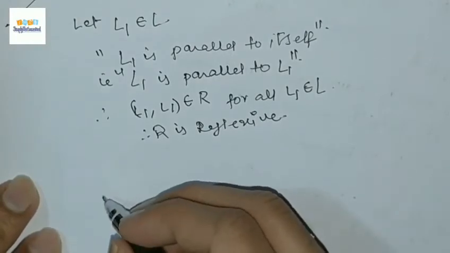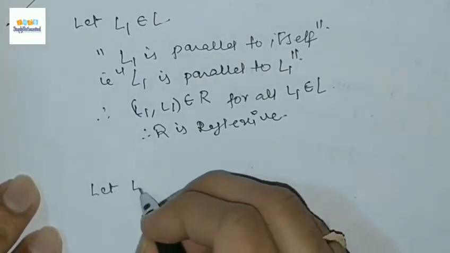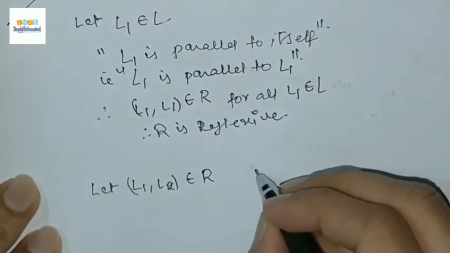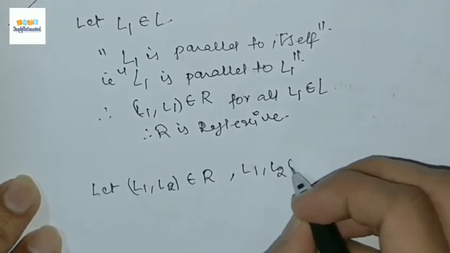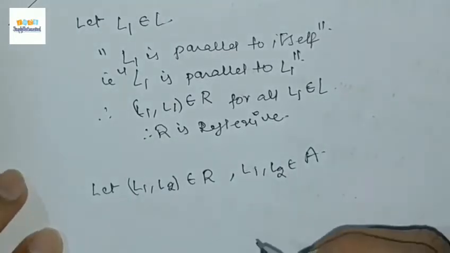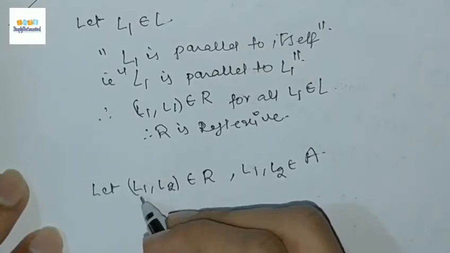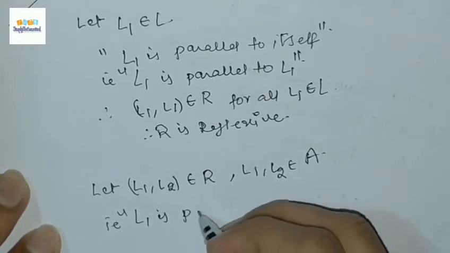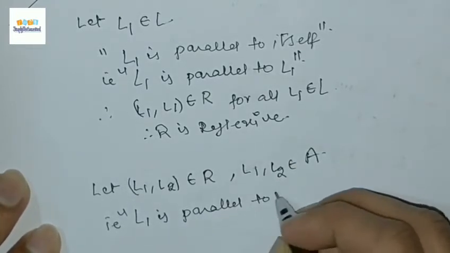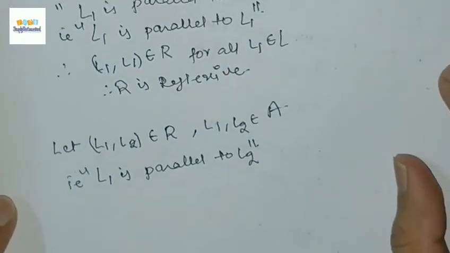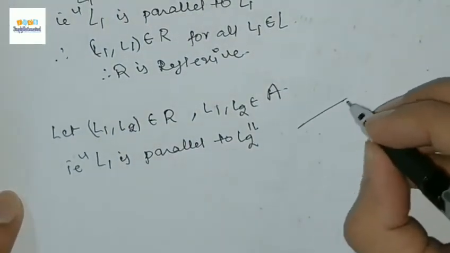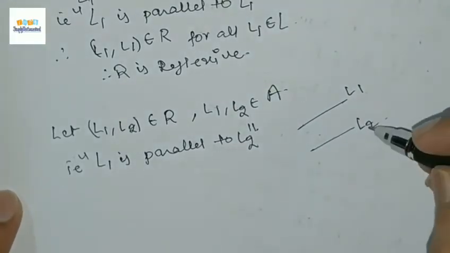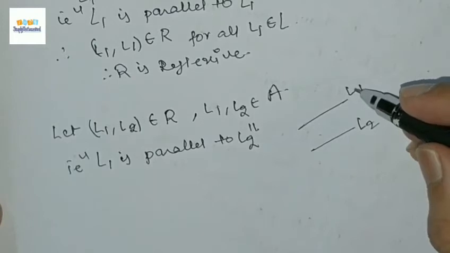Now we will prove that R is symmetric. Let L1, L2 belong to the set R. L1, L2 belong to the set L. Since L1, L2 belong to the set R, that is L1 is parallel to L2. If you take a line L1 parallel to line L2, you can see that this line L2 is also parallel to the line L1.